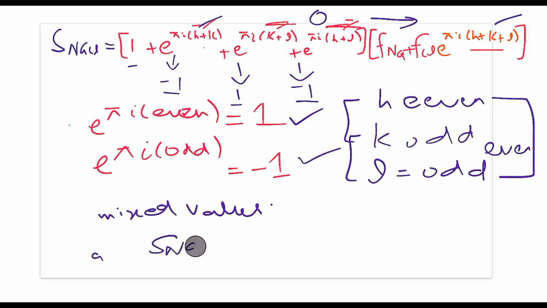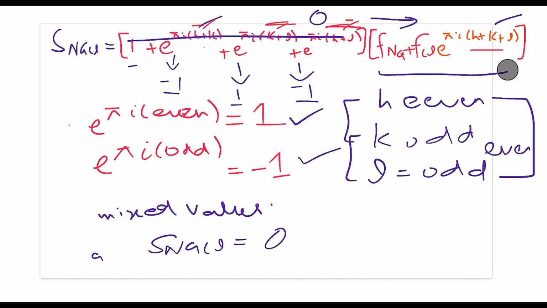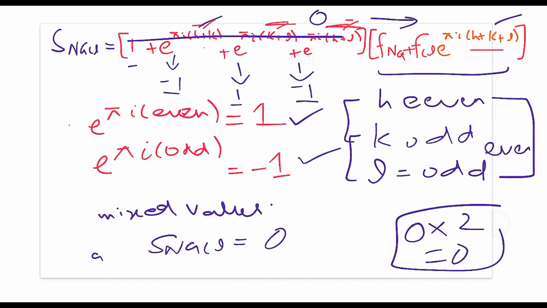So NaCl in the mixed situation equals 0. Anything multiplied by 0 gives 0, so that is how this whole thing becomes 0.